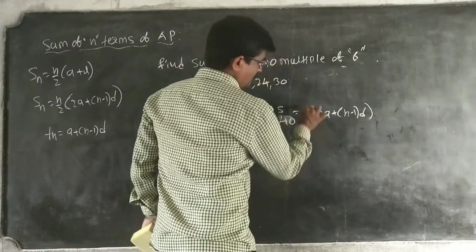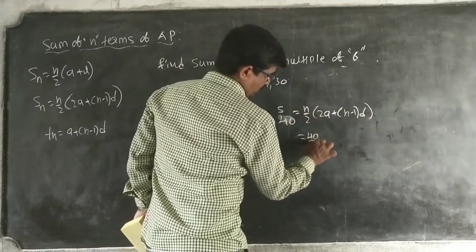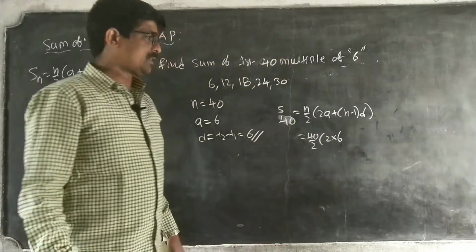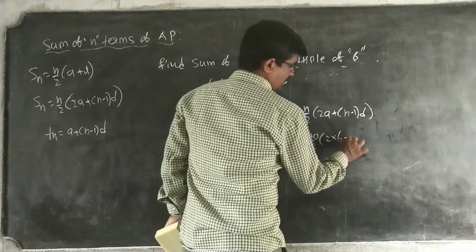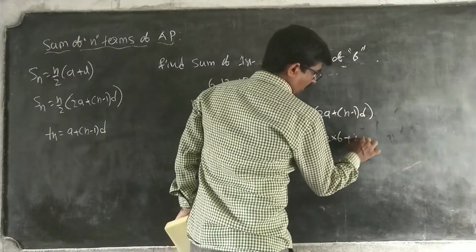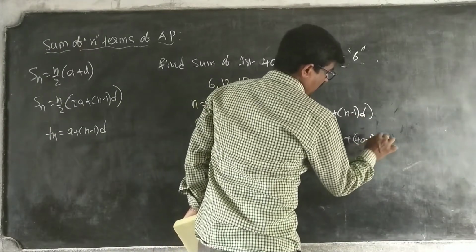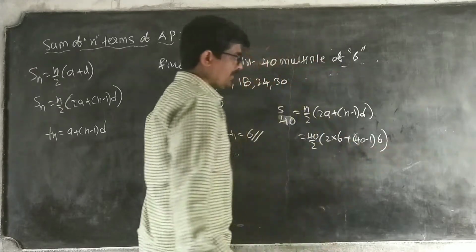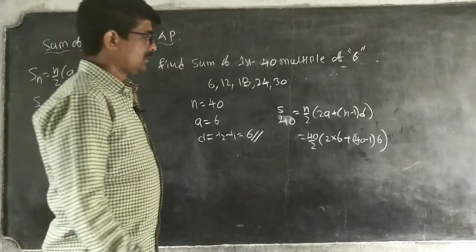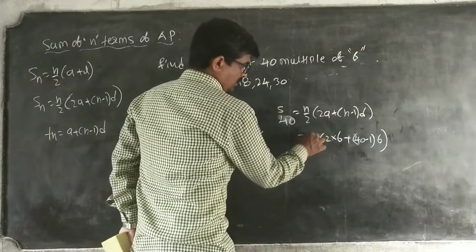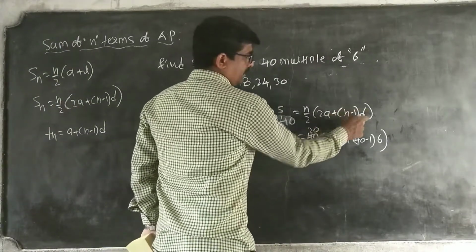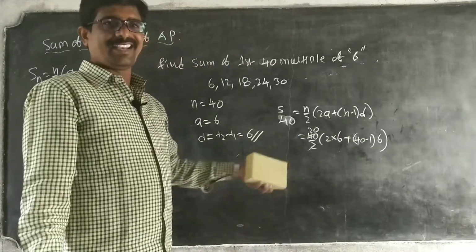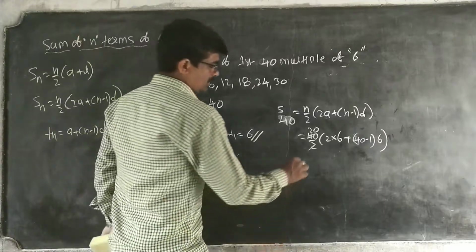Here n is equal to 40, by 2, into 2 times a, where the first term is 6, plus 40 minus 1 into d, and the difference is also 6. 40 by 2 is 20. A and d are not always equal; here unexpectedly we are getting them equal.